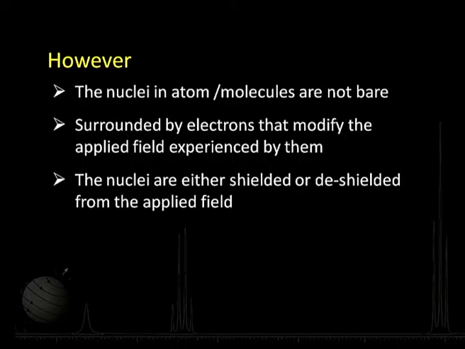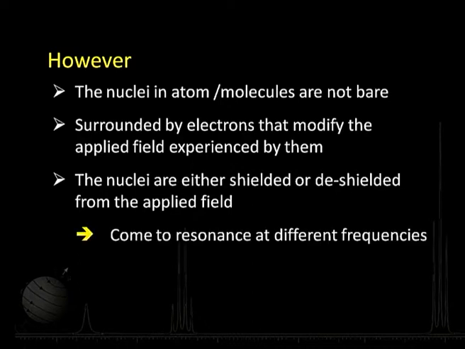In a hydrogen atom, there is a nucleus in the center, which is undergoing this whole process I am talking about. But this nucleus is not bare, it is surrounded by some kind of electron cloud, and that modifies the field experienced by the nucleus. As a consequence, the nuclei are either shielded or de-shielded from the applied field, and they come to resonance at different frequencies.